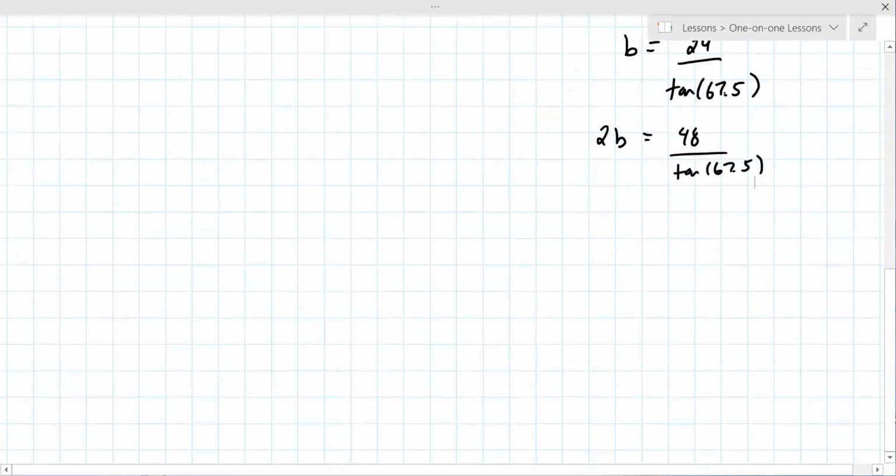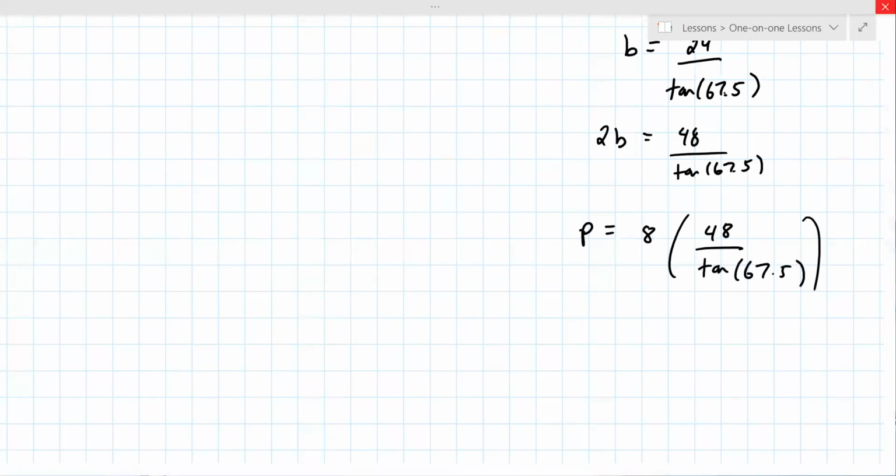So the whole perimeter is 8 times this 48 over tangent 67.5. And that's what I'm not sure of, how much of that you have to put into this, but you know, I don't know. So 8 times 48 divided by tangent 67.5.